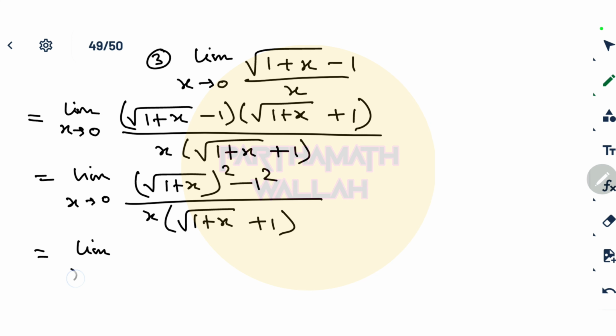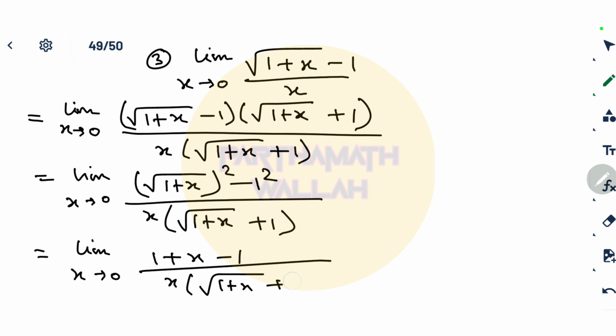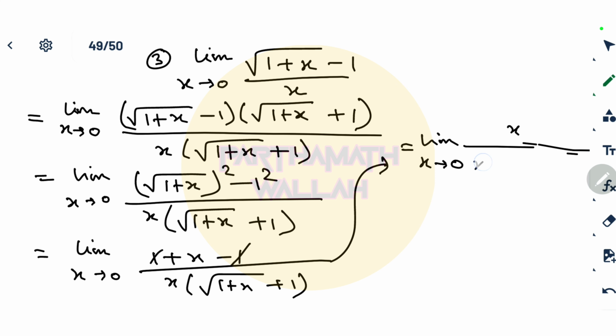So here it is limit x tends to 0. The square gives 1 plus x minus 1, divided by the denominator, which stays the same. Next, limit x tends to 0: minus 1 plus 1 is gone, so it's x divided by x into root over 1 plus x plus 1.